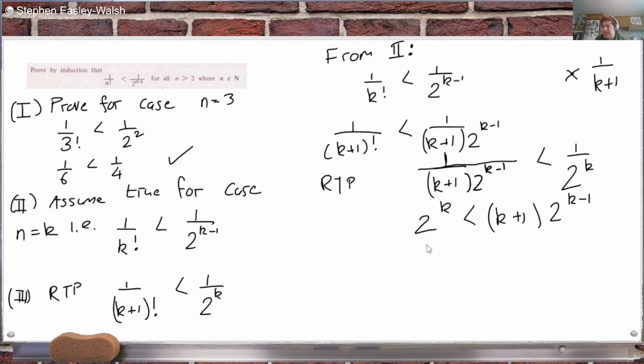Probably want to expand. Or is that going to make things... No, actually, you know what? I could divide both sides by 2 power k, so I can get 1 is less than k plus 1 times 2 power minus 1. Then I can multiply both sides by 2.